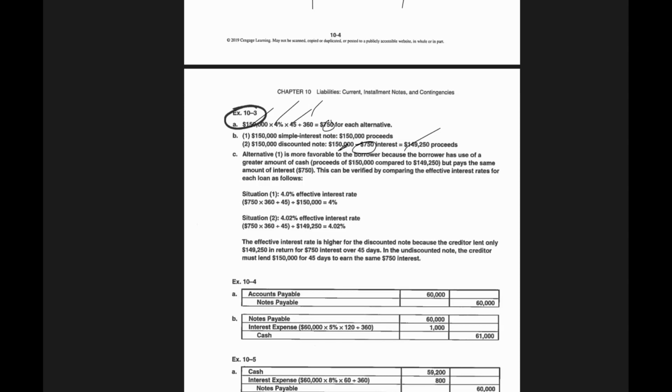Taking the interest out up front is actually not very common. And quite honestly, taking it out up front will actually result in just an ever so slightly higher interest rate. So it's not 4% as you notice here. Effectively, it's 4.02, just ever so slightly higher.